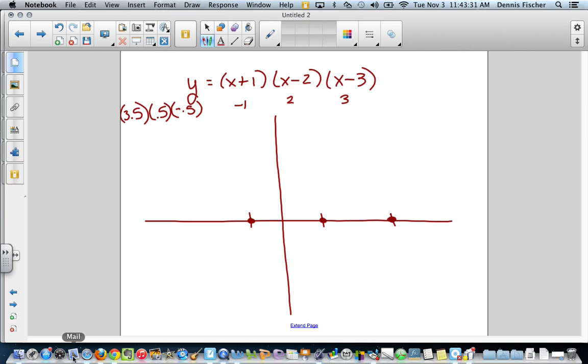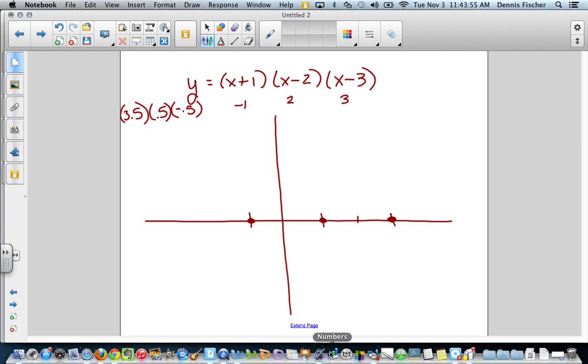So if I take those numbers and multiply them out, 3.5 times 0.5 times negative 0.5 is negative 0.875. So at this point right here, 2.5, I'm at a negative 0.875.